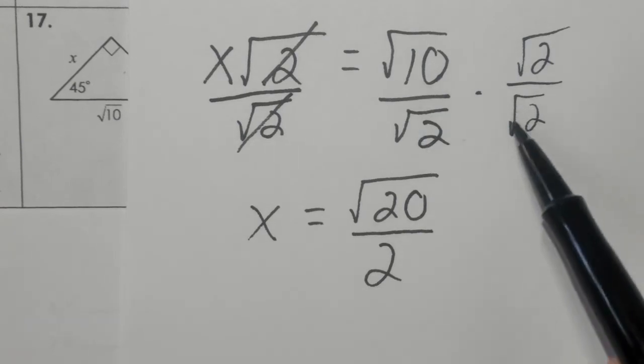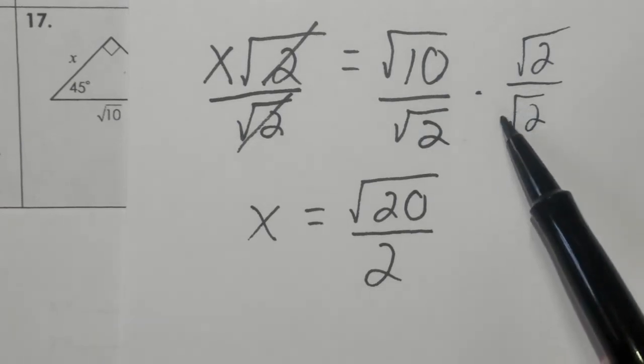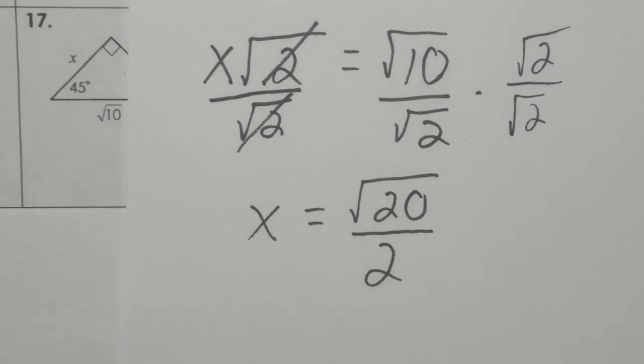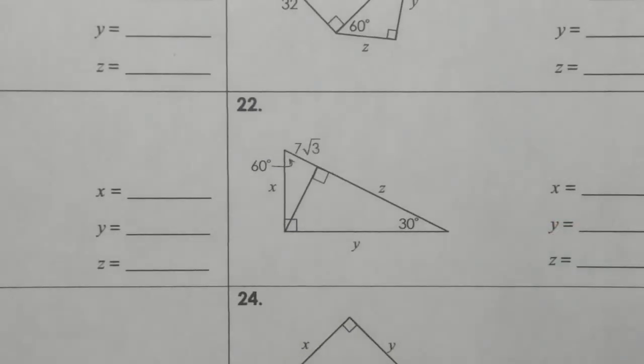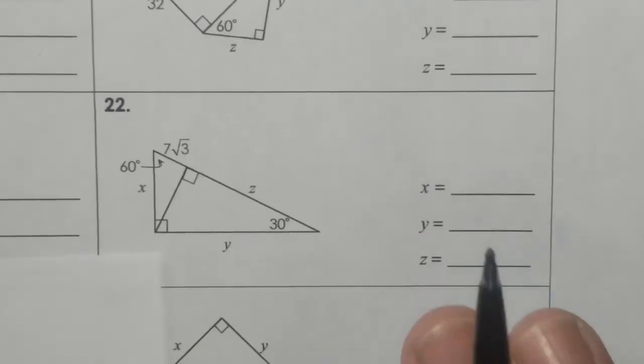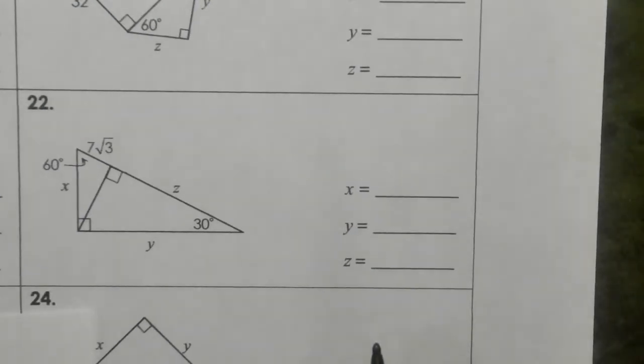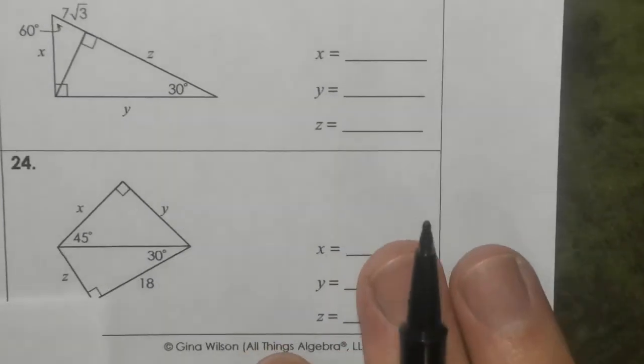We use that strategy a lot, okay? So that's going to be something that we need to be comfortable with going forward on the next few problems, okay? All right, so I think the next request, as I scroll down, number 22. Okay, let's look at number 22 if we can.